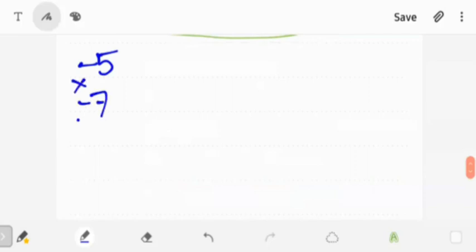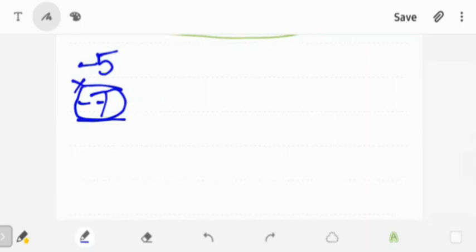Okay, -5 into -7. Now whenever this second number is negative, we will follow the approach we are going to learn now. Whenever this is positive, how to do, we have already done. Okay, -5 into +7. When the second number is negative, what we have to do, we have to complement the last product. Okay, we have to take 2s complement of the last product.